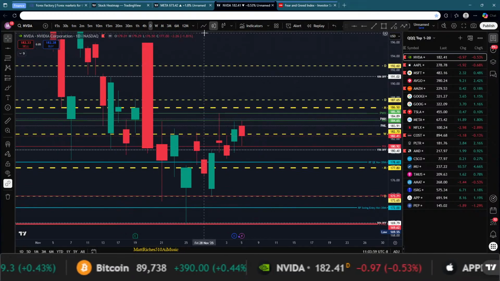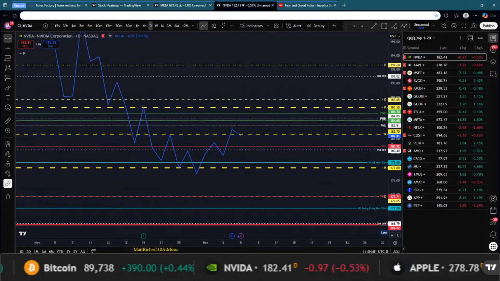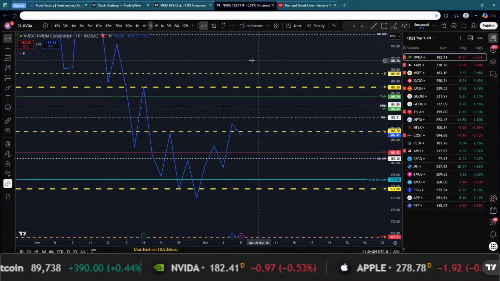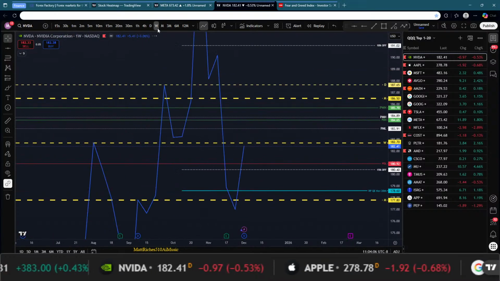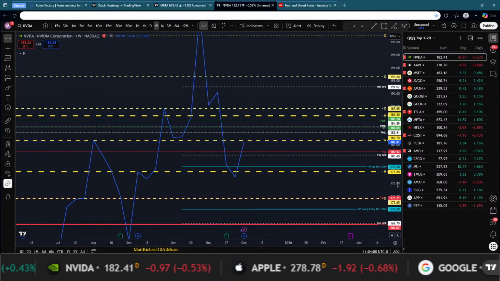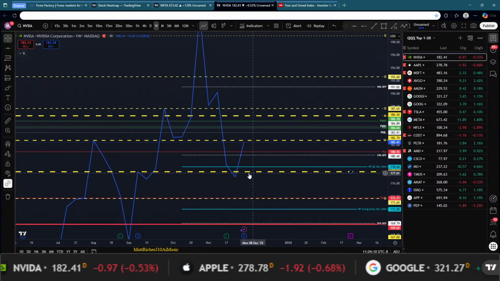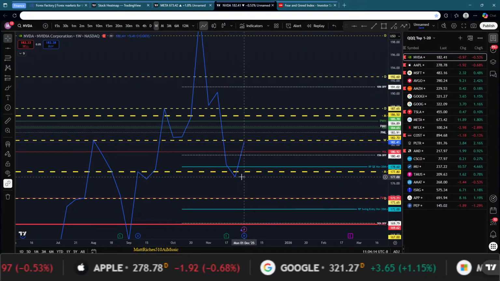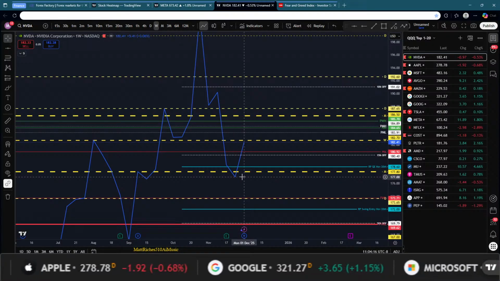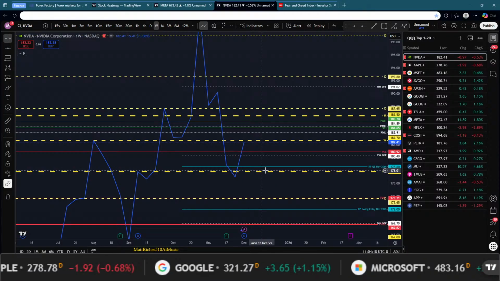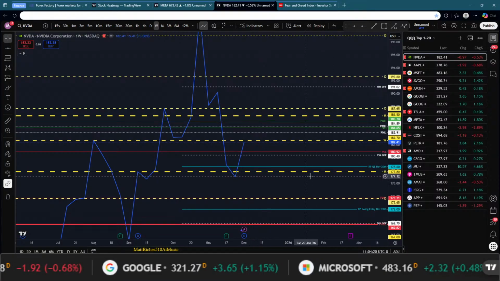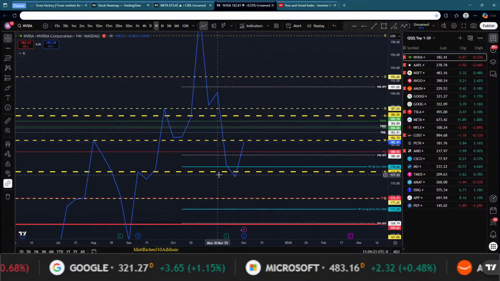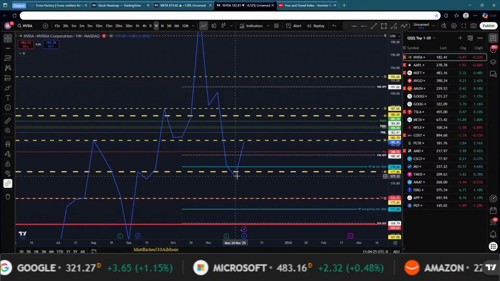So after that, we want to go to the line chart and see if there's any more lines that we can add. So let's go to this weekly level here. I do see this reaction spot here at 177, but I do have a monthly level here at 177.80. So that is the same for me.